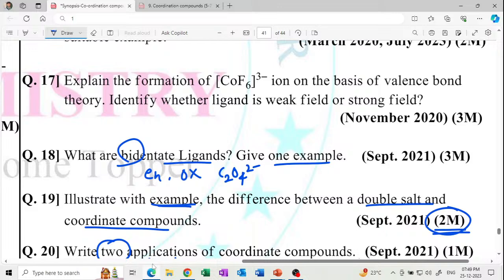At least 1 example you can note. So this is a 3 marks question. Definition of bidentate ligand 1 mark, and these 2 examples written as 1 mark.